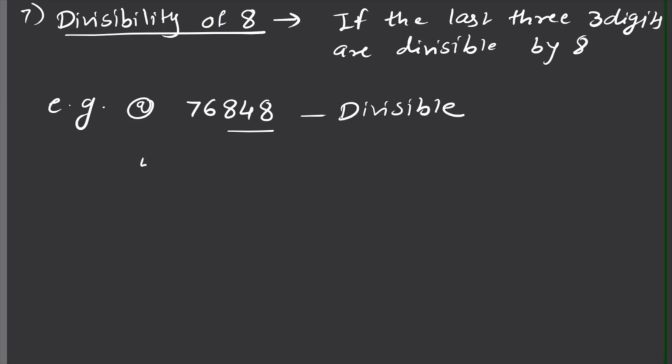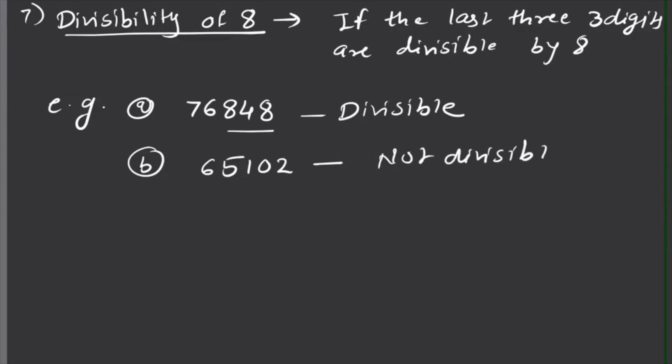Let's have another example. 65,102. Here the last 3 digits are 102, which is not divisible by 8. That's why the whole number 65,102 is not divisible by 8.